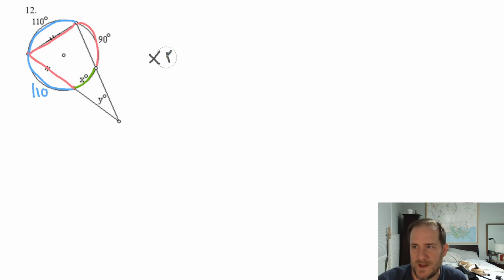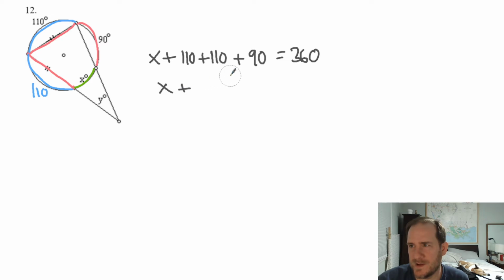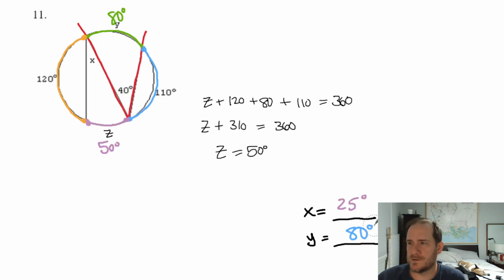Basically, we're going to say that X, the green part, plus one of the blue parts, 110, plus the other blue part, 110, plus the pink part, which is 90. Those are all the parts, and so those have to add up to 360. So that means X plus 200, so 310. Oh, it's the same as the last one.